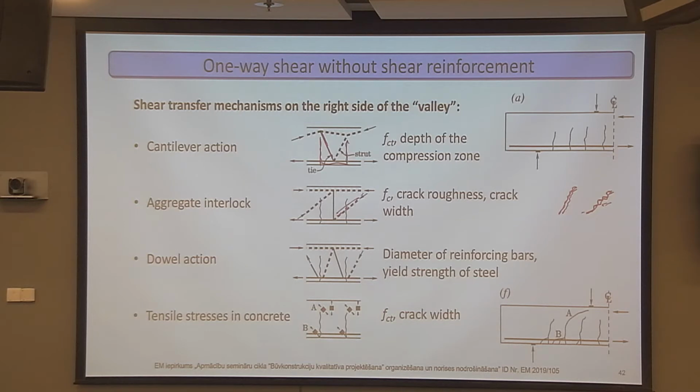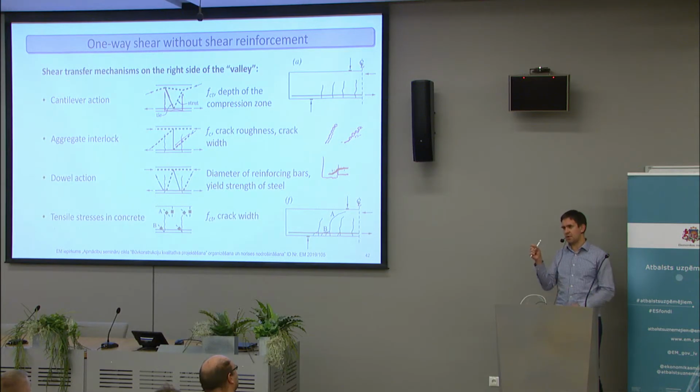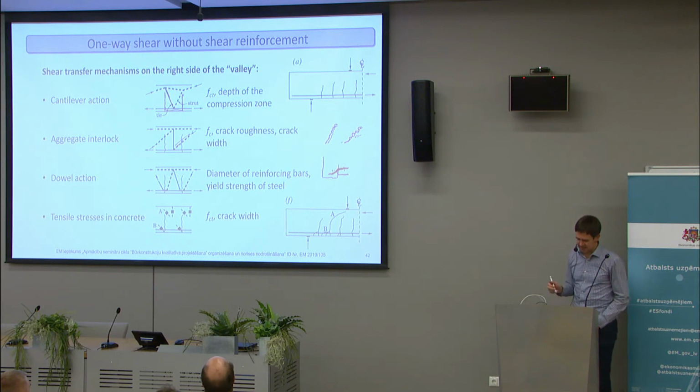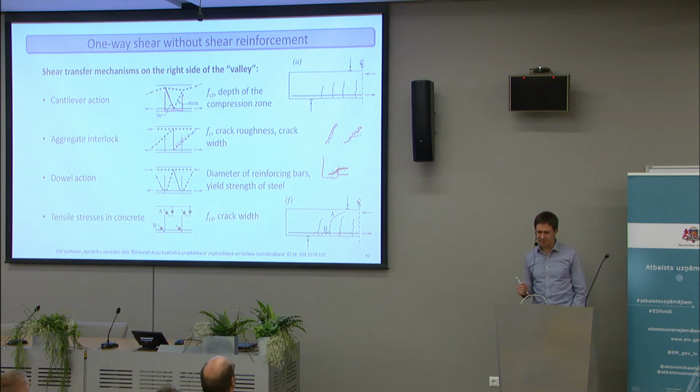Then there is dowel action: if these teeth deform relative to each other, the reinforcement will assume a shape like this and carry some forces between the cracks. And then there is the residual tensile stress in concrete, which means that if the crack width is very, very small, it can still transfer some tension. It's not a lot, but if it's the only thing we have, then we have to account for it.